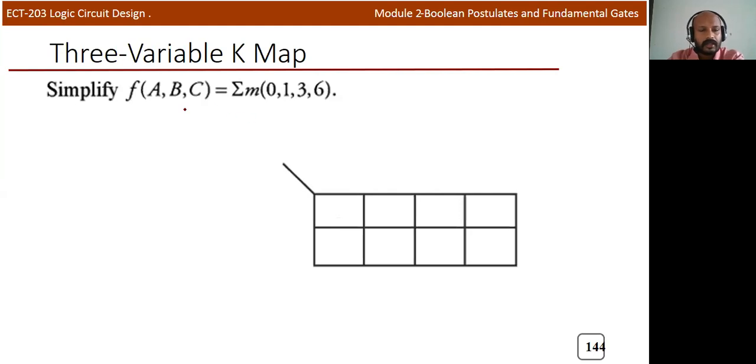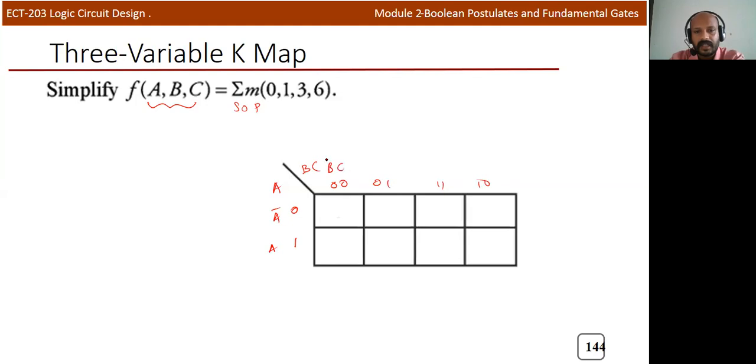Here again 3 variables A, B, C, and the function is given in min terms or SOP form 0, 1, 3, 6. So the variables A, B, C, here you can write 0 and 1. So it is A bar and A. Here it is 0, 0, 0, 1, 1, 0, 1, 1.